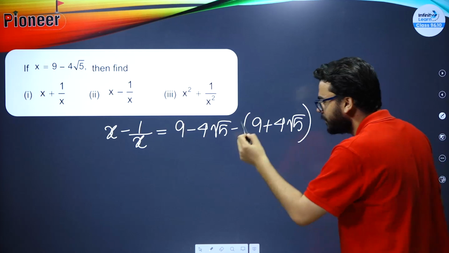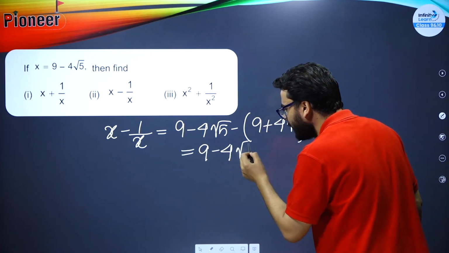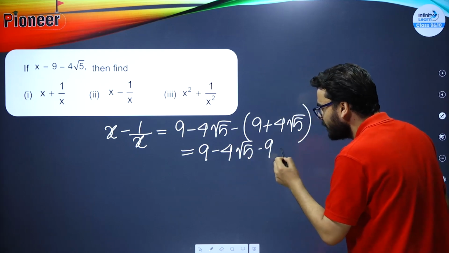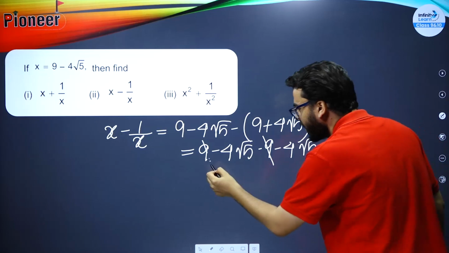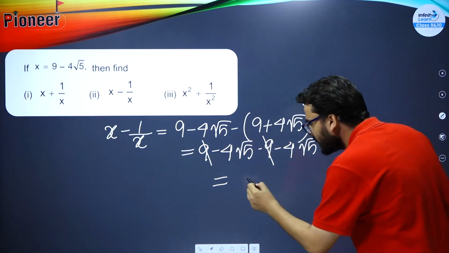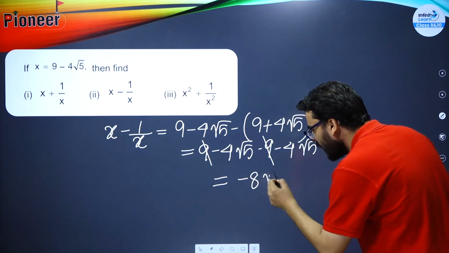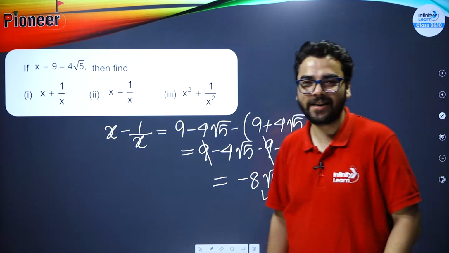Correct? Now let's simplify it, you'll get the answer. So this is 9 minus 4 root 5 minus 9 minus 4 root 5. So you see 9 and 9 will be cancelled out. Minus 4 root 5 minus 4 root 5, so that is going to be minus 8 root 5. So this is the answer. I hope this thing is clear.